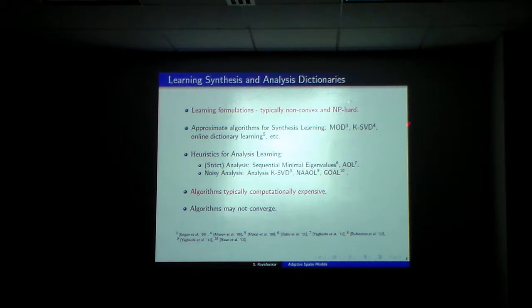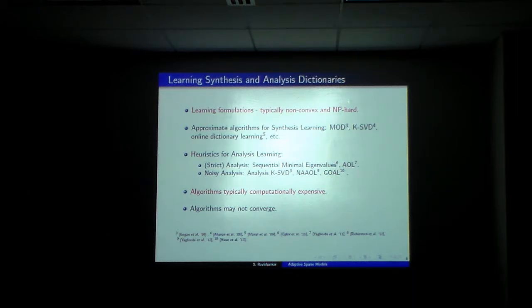There have been several algorithms. This is just a very small list, not an exhaustive list. Several algorithms have been proposed, for example, for synthesis dictionary learning, such as MOD. KSVD is very well known. And these are all algorithms for synthesis dictionary learning, and similar algorithms have been proposed for learning analysis dictionaries, or dictionaries that satisfy the noisy signal analysis model. And these are just some of these methods.